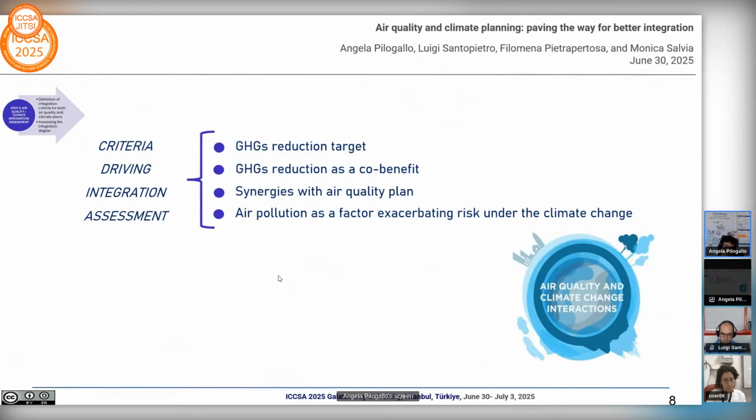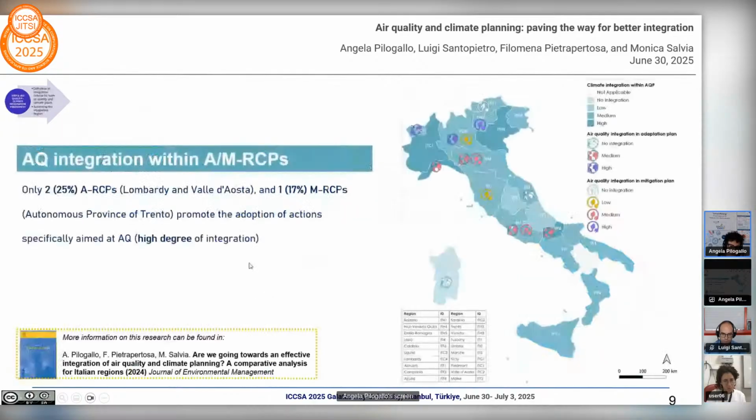The third criterion relates to potential synergy developed with the air quality plan, and the fourth is related to air pollution as a factor exacerbating risk, natural risk, in the climate change scenario.